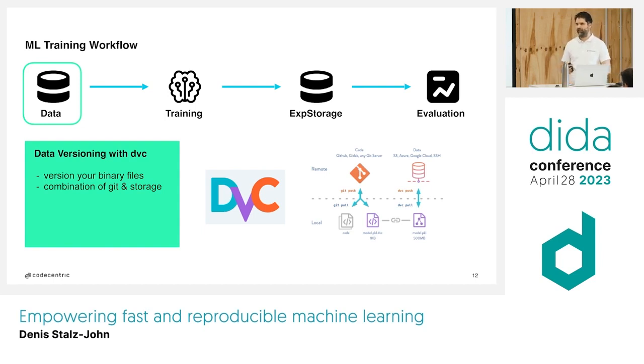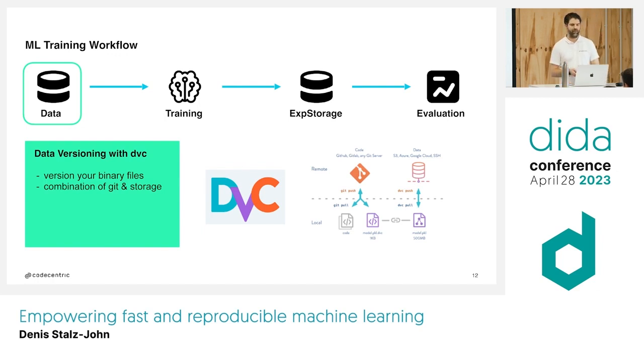It is a Git-like tool which doesn't store the data in Git, but only the hash information on a Git server. So for every version you have a commit hash, which is unique, of course, and you can get back to any point in time and restore the data.